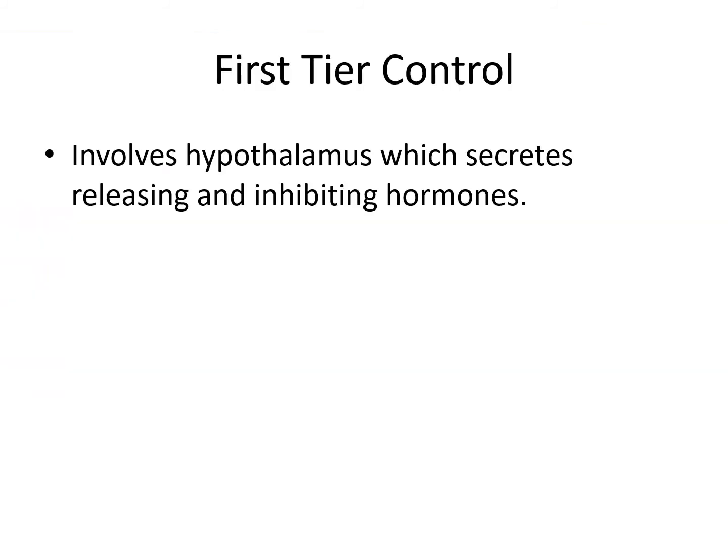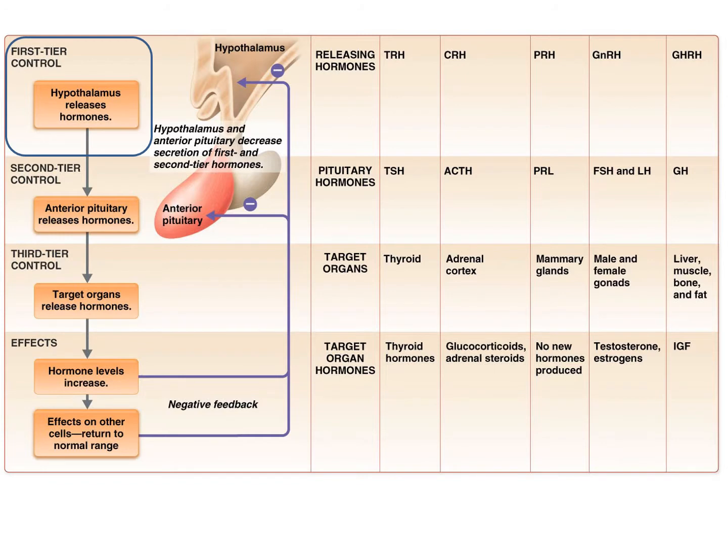So let's look at the first tier control. The first tier control involves the hypothalamus, which secretes releasing and inhibiting hormones. Okay, so this first tier control, we have releasing hormones that will stimulate the pituitary to release its hormones. There may be also inhibitory hormones that prevents the release of the hormones from the pituitary gland.